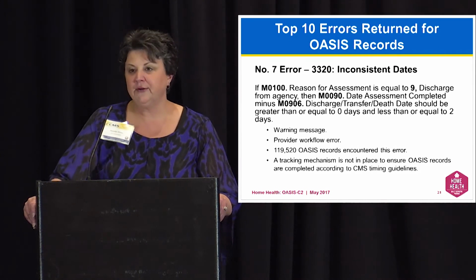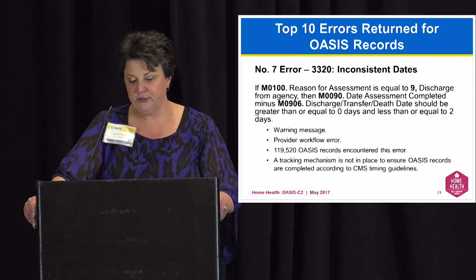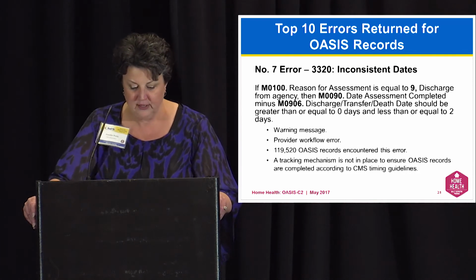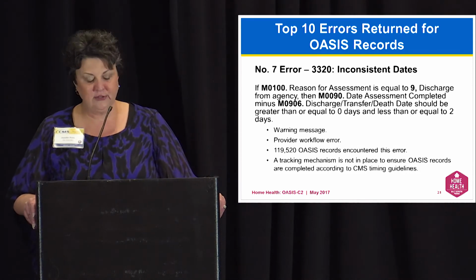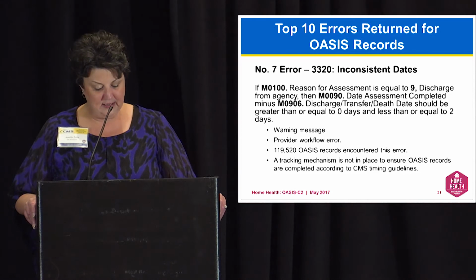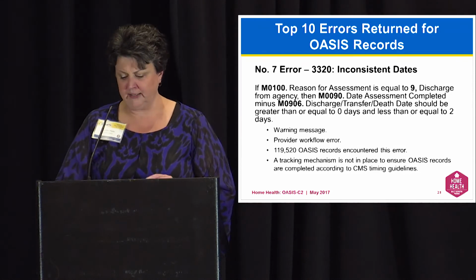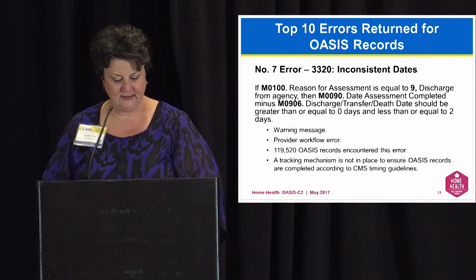No action is required. If you need to make a correction, you would do so and resubmit that record. And to avoid it in the future, make sure that those are timely and verify that your system is intact to meet those needs.